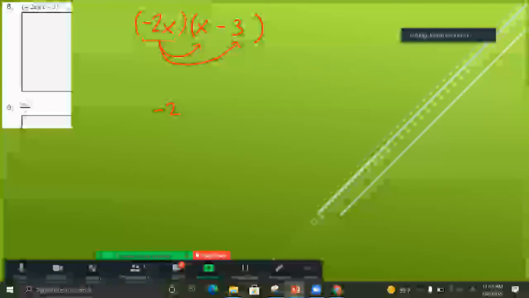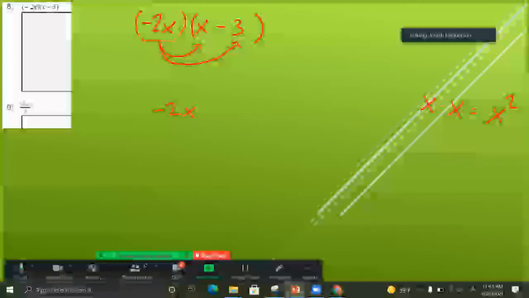Now for the x's, x times x, off to the side here. Since we don't know what x is, we can't really multiply these together, but we can use a symbol for x times x, and that's x squared. That's the cleaner math way to write that. So we're going to write it as x to the second power, or x squared. It means x times itself.